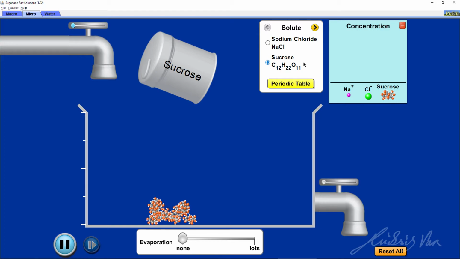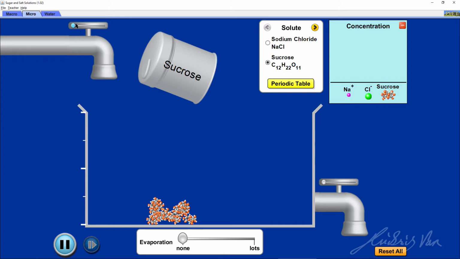But of course, one single sucrose molecule is still too small for us to see with our naked eyes. However, as you can see, just now I poured many sucrose molecules down. Many of these molecules together will form sugar crystal, or your sucrose crystal, that is large enough for us to see with our naked eyes.